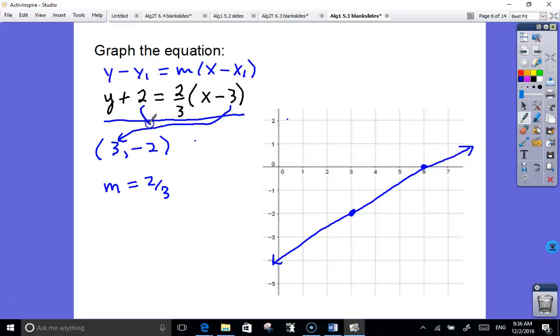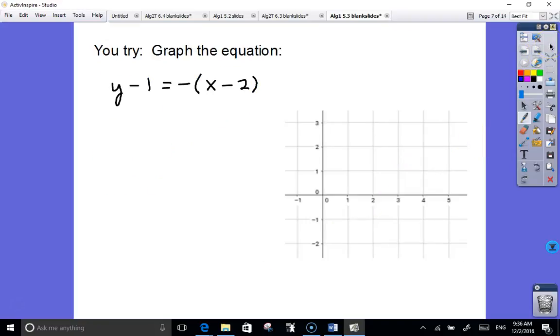The y1 is negative 2 because y minus negative 2 is like y plus 2. So if you want, just say it's the opposite. And then the slope is 2/3 because that's what you expect in front of the parentheses. So we plot the point (3, -2), and then we use the slope, up 2, right 3, and draw a line.